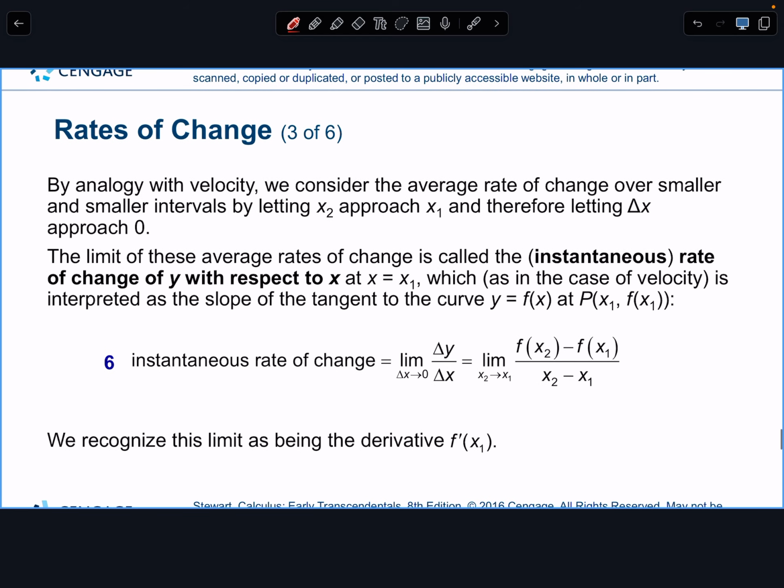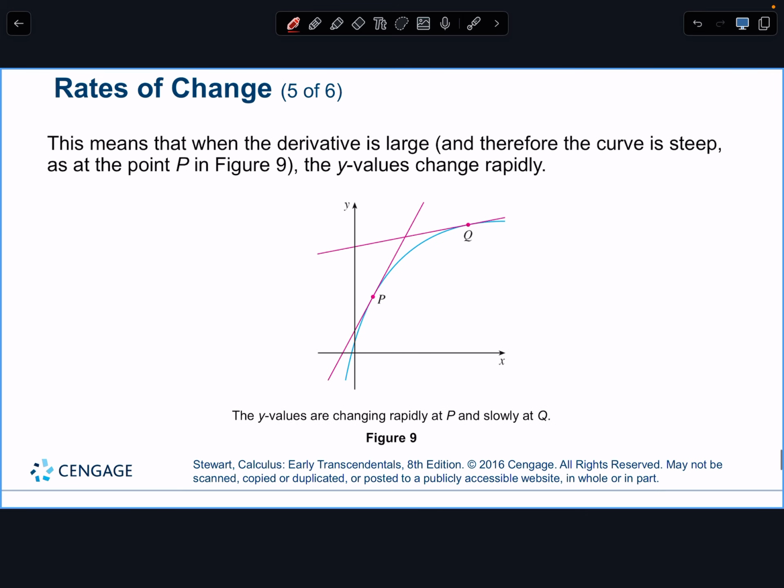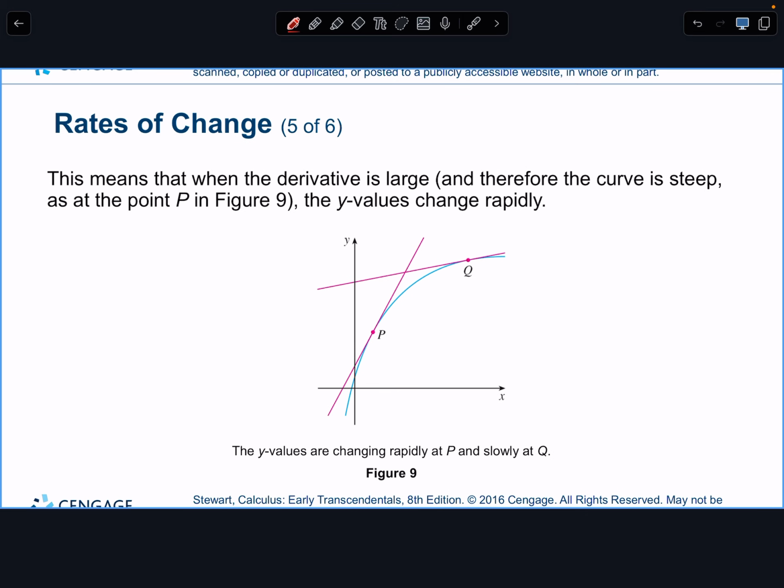But we're going to talk about when delta x goes to 0, what's going to be the slope at that point, x1, okay? And what they're pointing out here is, you see two tangent lines: a tangent line at P and a tangent line at Q. All they're pointing out is that the slope is very large at P. Do we agree?